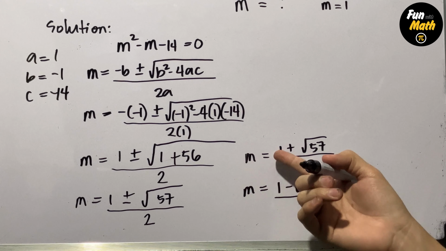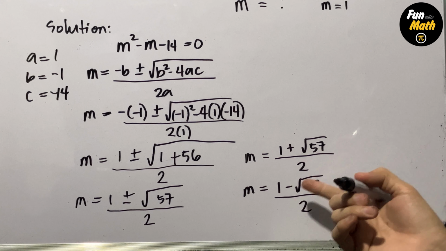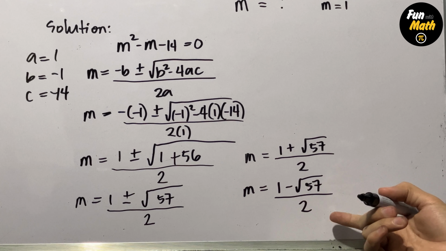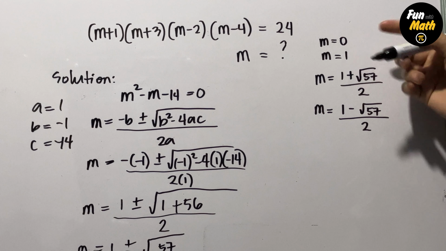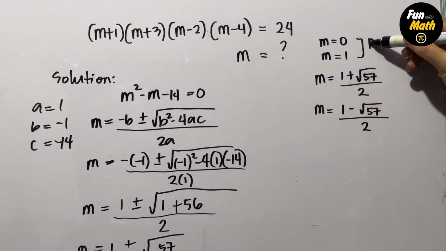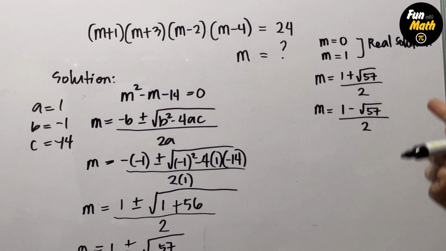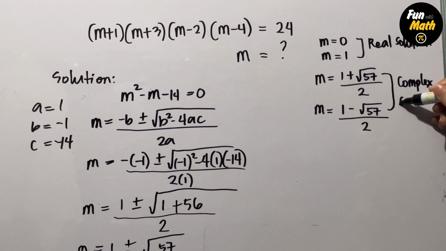First is 1 plus square root of 57 all over 2. The other one is 1 minus square root of 57 all over 2. And it's important to know that these two are real solutions, and these other two are complex solutions.